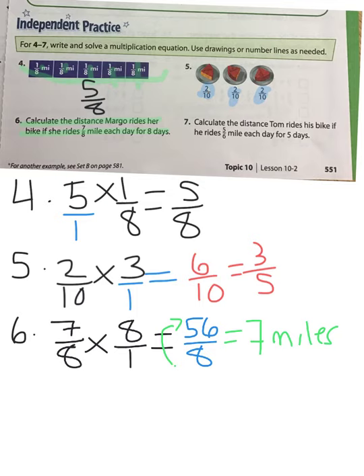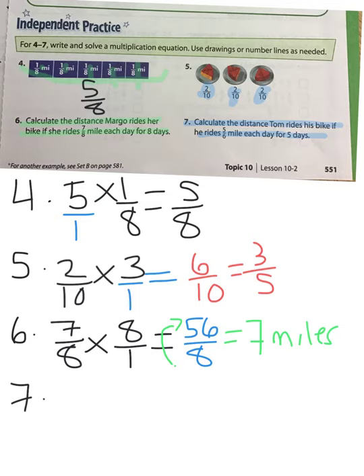And number 7. It says, calculate the distance Tom rides his bike if he rides 5/6 miles each day for 5 days.